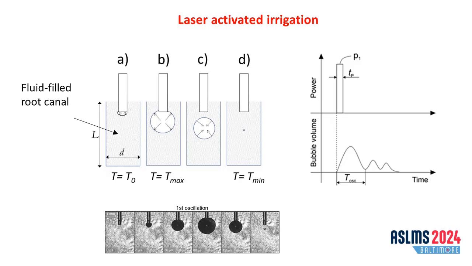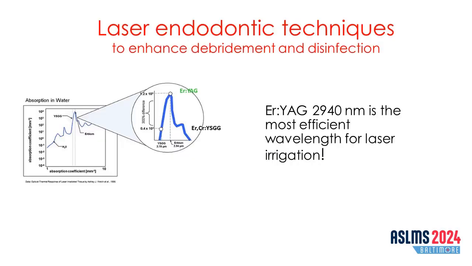This growth and collapse dynamics results in rapid fluid movement and in the irrigation effects. The best laser for this type of treatment is the erbium laser because of the high absorption in water, in OH. So very small pulse energy is required, typically 10 millijoules. So there's no heating, but very effective bubble formation.